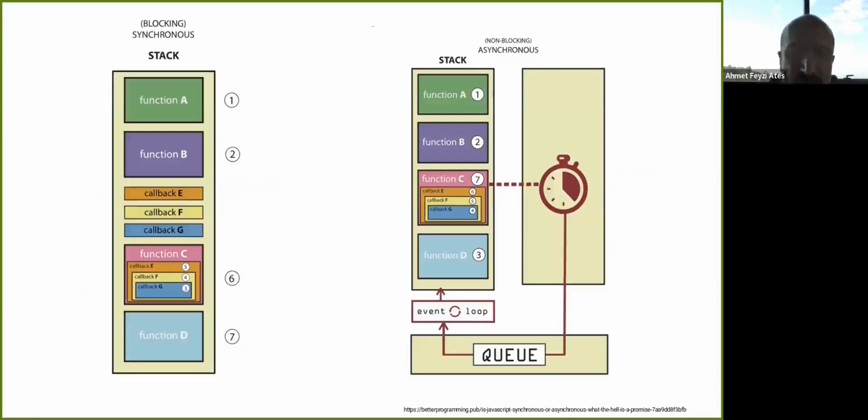Before going into the code lab, I want to give you an example of blocking synchronous code and asynchronous non-blocking code. In the first one, in synchronous blocking code, function A executed, function B executed. Function C requires 3, 4, and 5, so they are executed, and then function C and D executed.